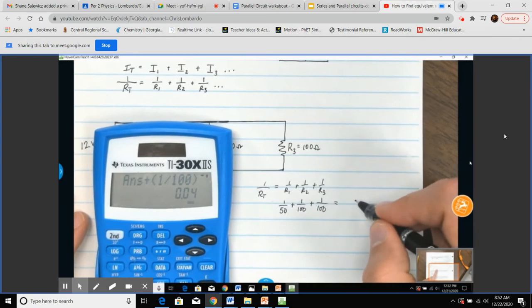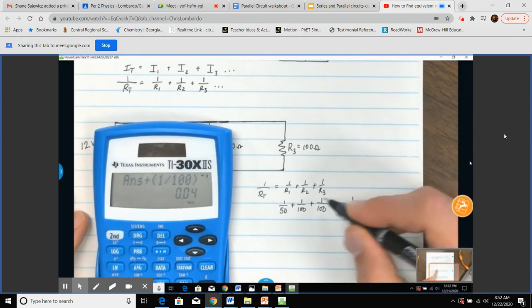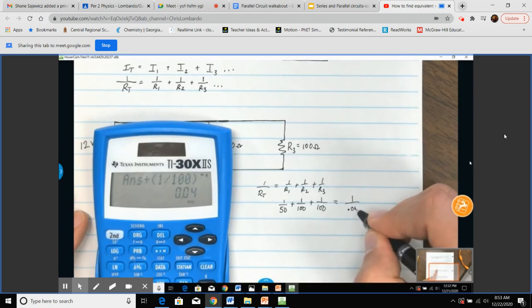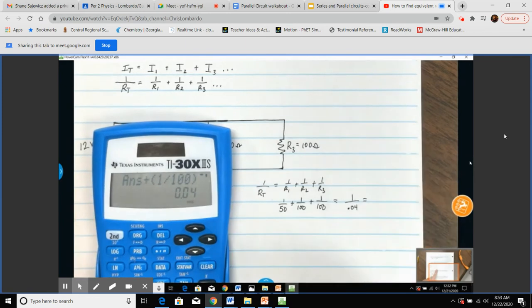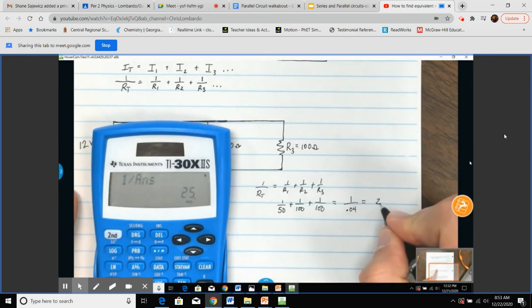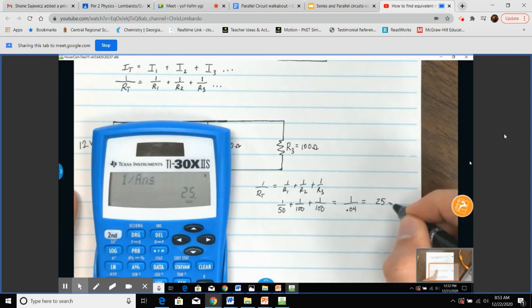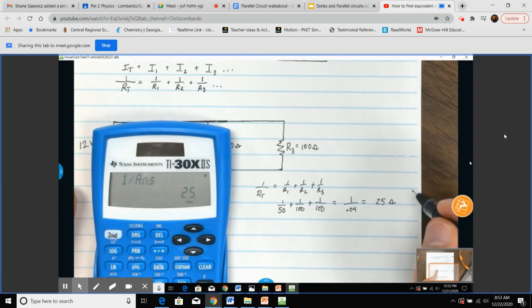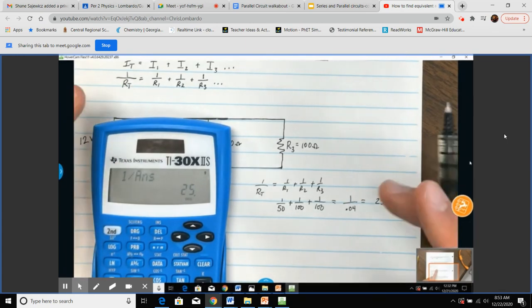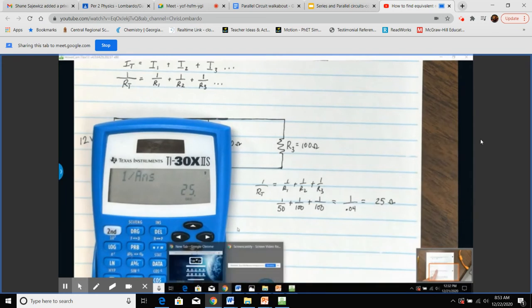But you have to do basically 1 over that answer, right? You've got to take the inverse of this. And when you do so, you're going to get 25 as our total resistance. So in our notes, total resistance is going to be less than the value of any individual resistor.